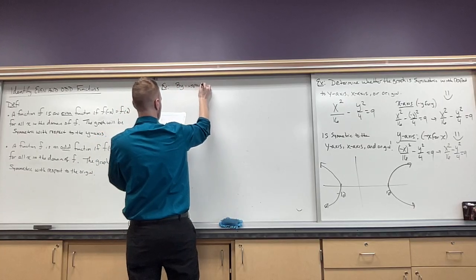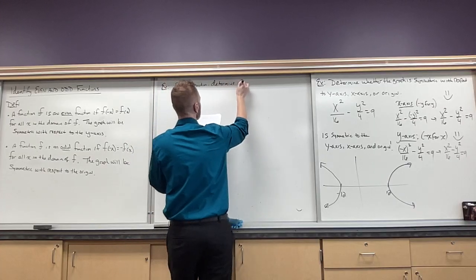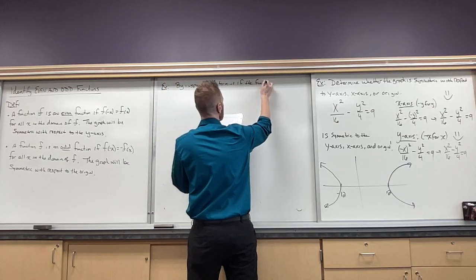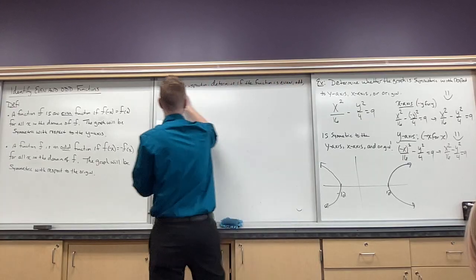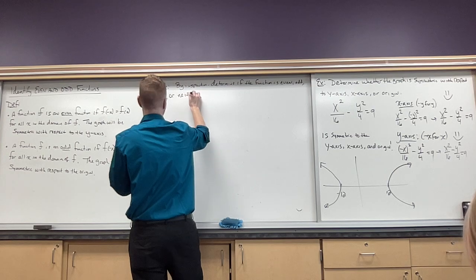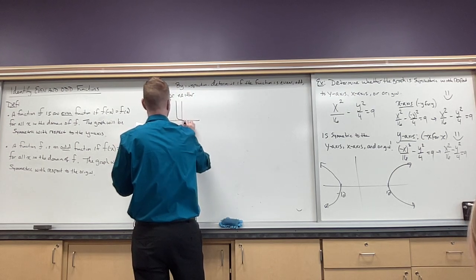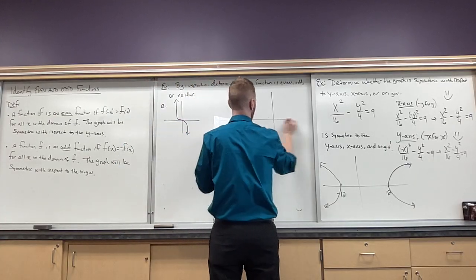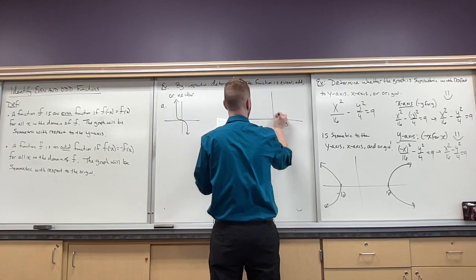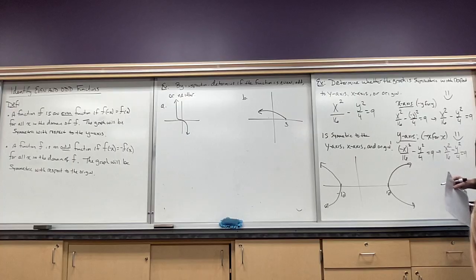By inspection, determine if the function is even, odd, or neither, which that can happen. Okay, so those are my graphs. They said just by inspection, is it even, odd, or neither?